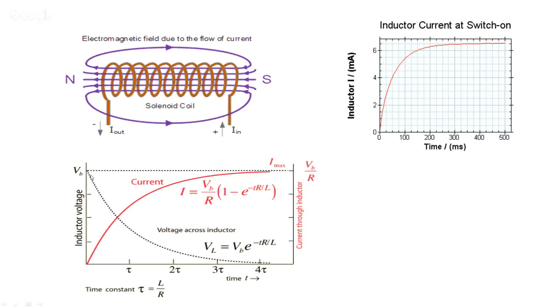For the magnetic field to collapse, it is going to take some time to completely collapse. So any change in the current flowing through the inductor is going to be opposed by the coil, and that property of the coil is called inductance.